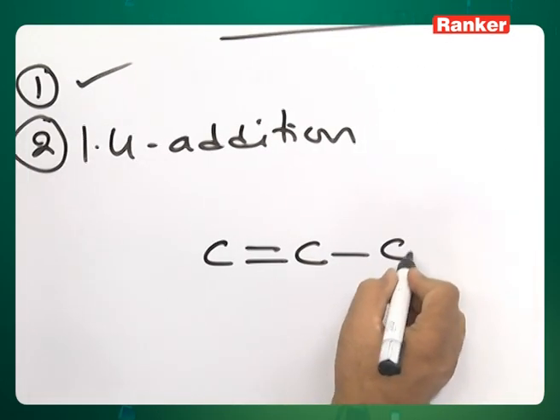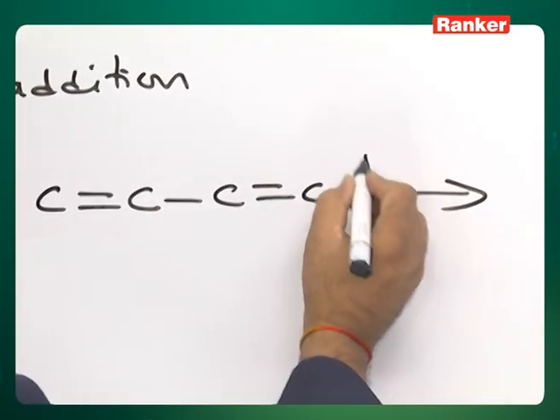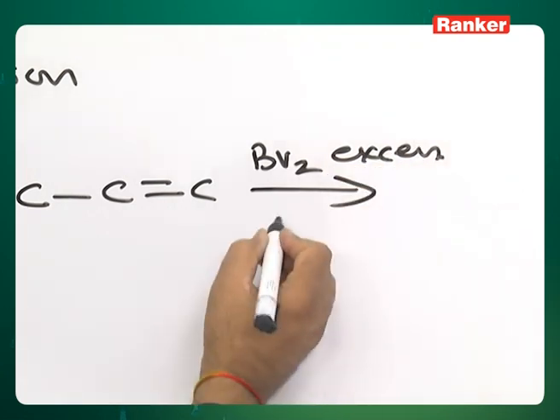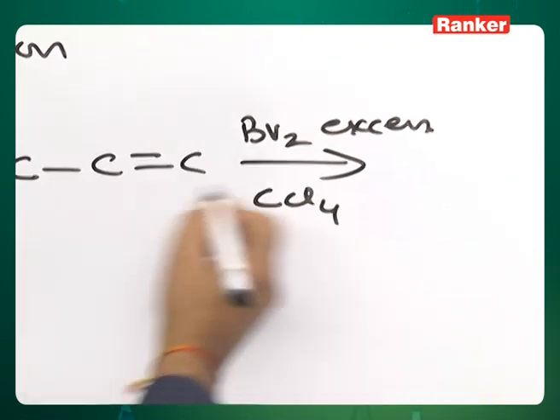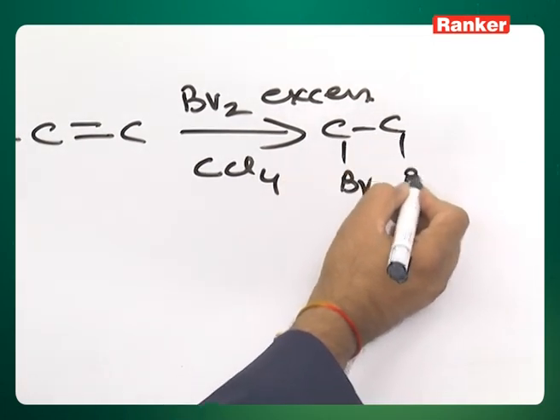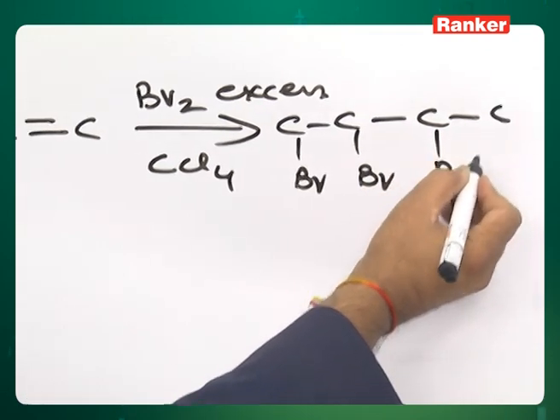If a double bonded system, if two are there, let us add excess bromine. What happens, you see? Excess of bromine dissolved in CCl4, if it is added, one set of bromine goes on one double bond, another set of bromine on the second double bond.